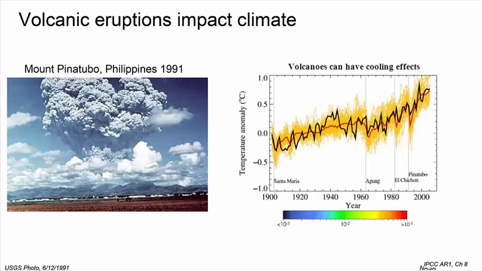When you have these large volcanic events, they input sulfur dioxide right at the top of the troposphere and into the lower stratosphere, and then these condense onto particles and form sulfuric acid. These sulfuric acid particles are, like I said before, tiny mirrors, and they reflect the incoming solar radiation back out to space.